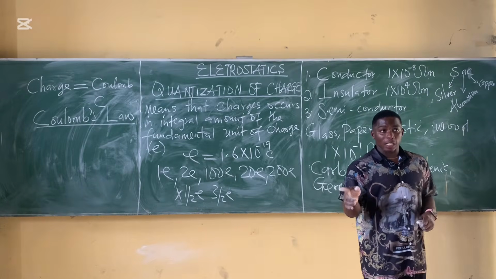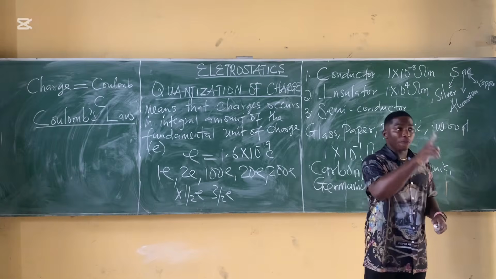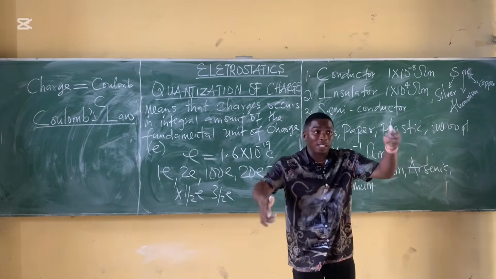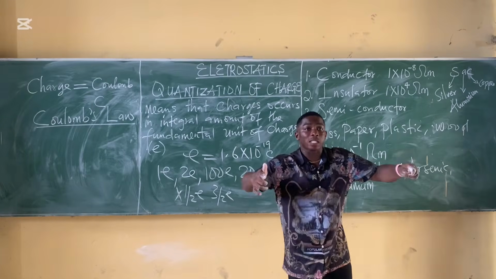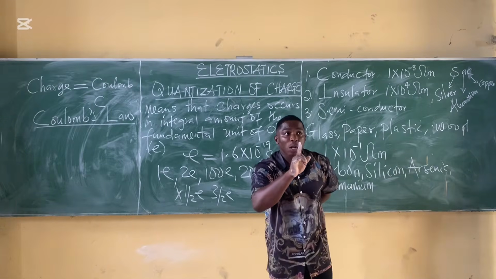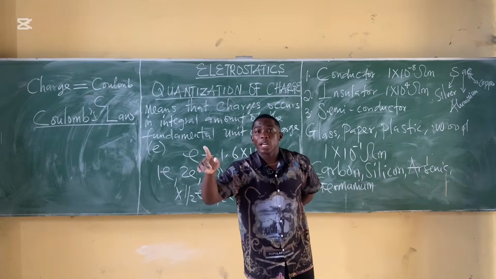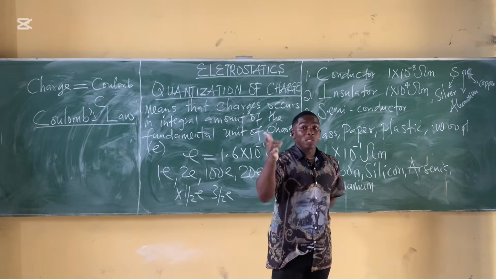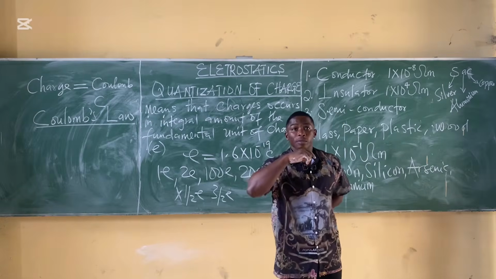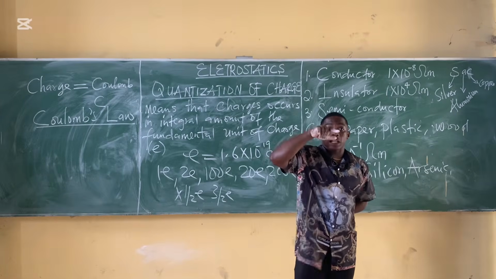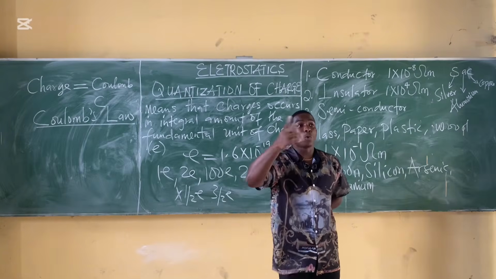For you to have a force of attraction between 2 point charges, it means one charge must be what? Positive, and the other one will be what? Negative. Thank you. Are you observing? Because we said point charges can either be positive or what? Negative.